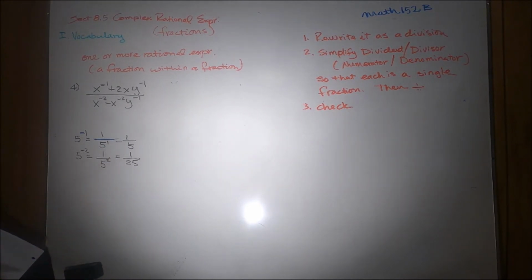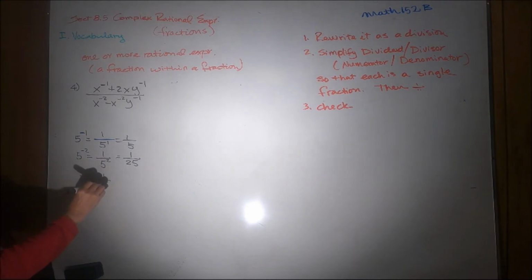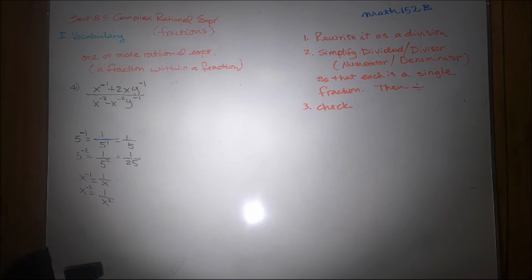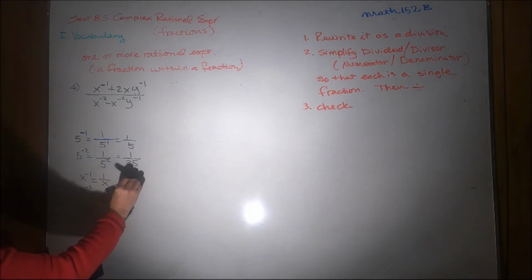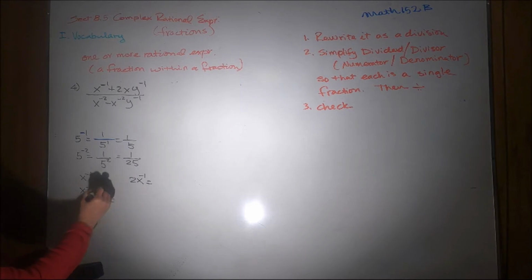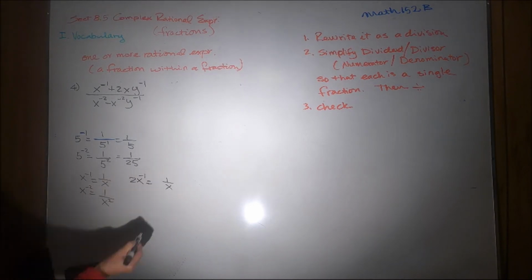So let's take a look at the x thing. If x to the negative 1, it means what? 1 over x, right? x to the negative 2, it means what? 1 over x squared. What happened if 2x to the negative 1, 2 is a regular 2, right? x to the negative 1 means what? 1 over x.